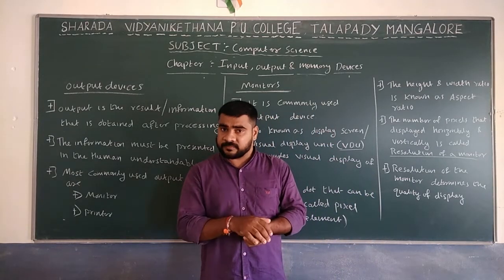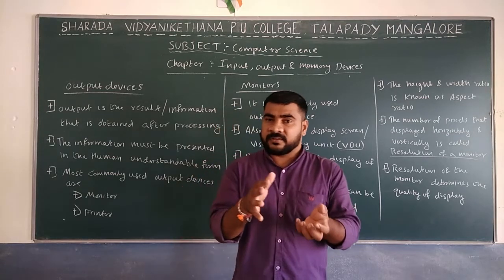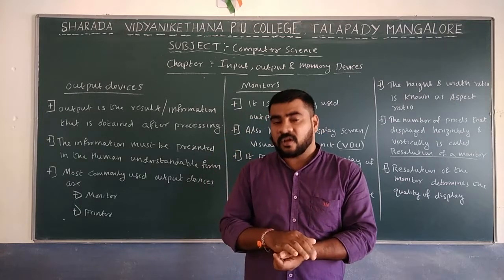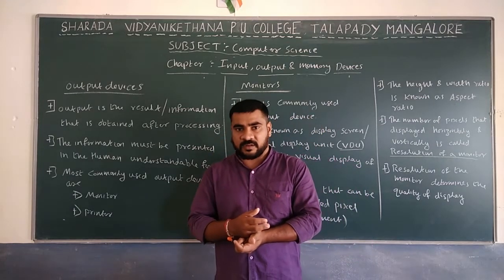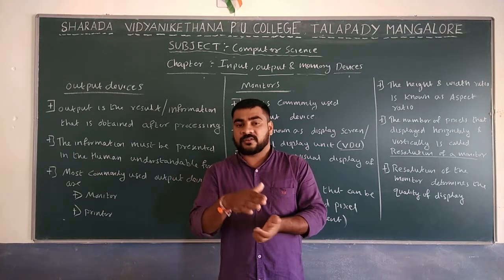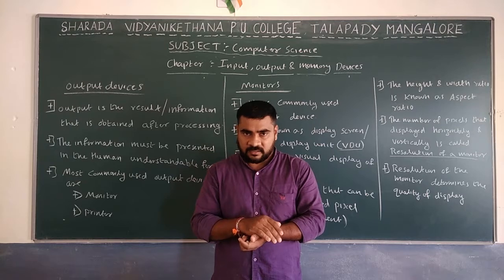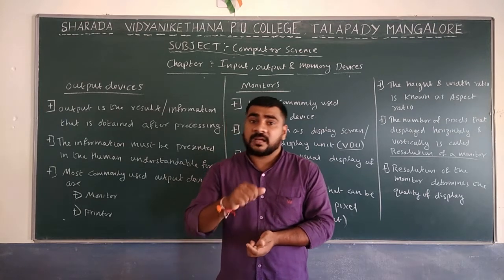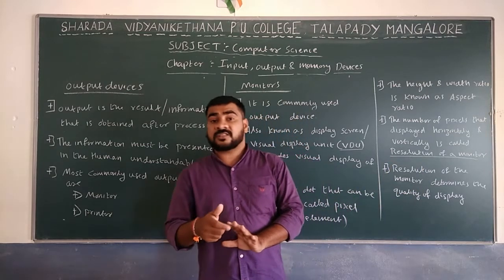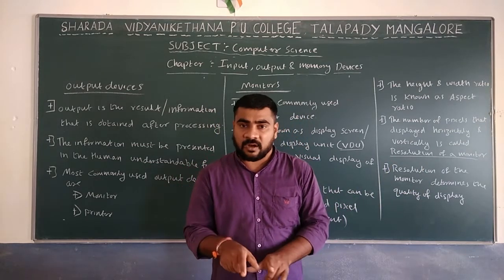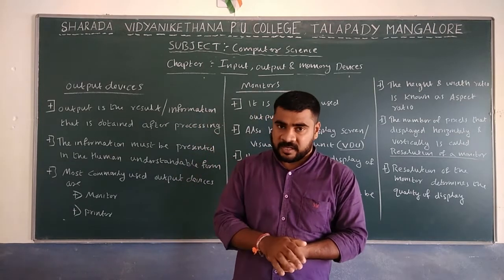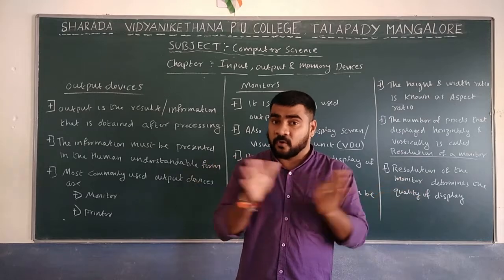When you purchase a TV, you will say this picture quality is not good, while in another system or monitor the picture quality is good. That is the resolution of the monitor. Quality here means that whenever the resolution is high, the number of pixels is more.